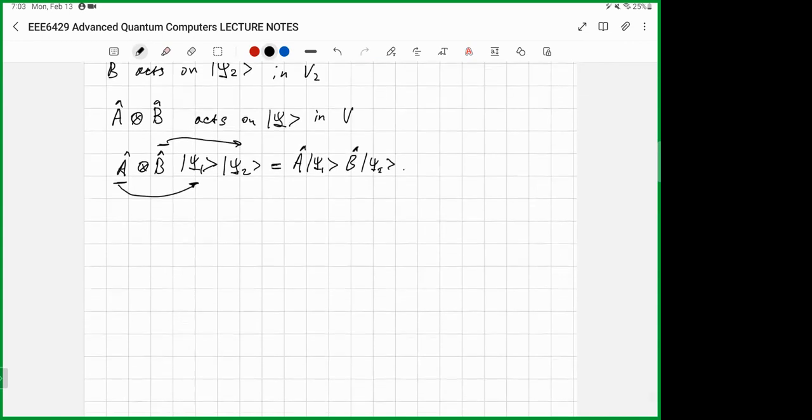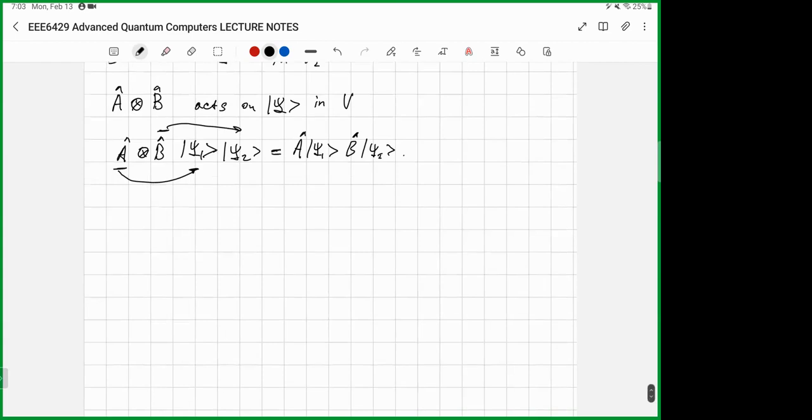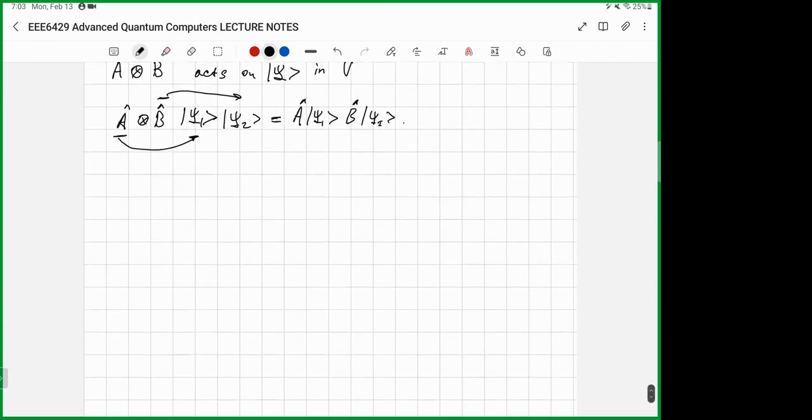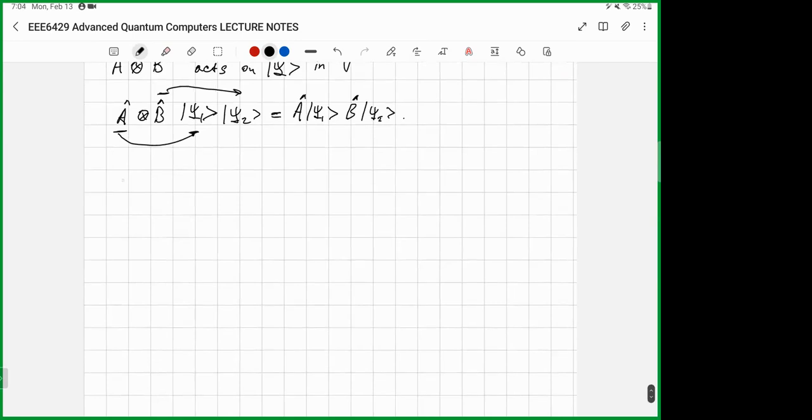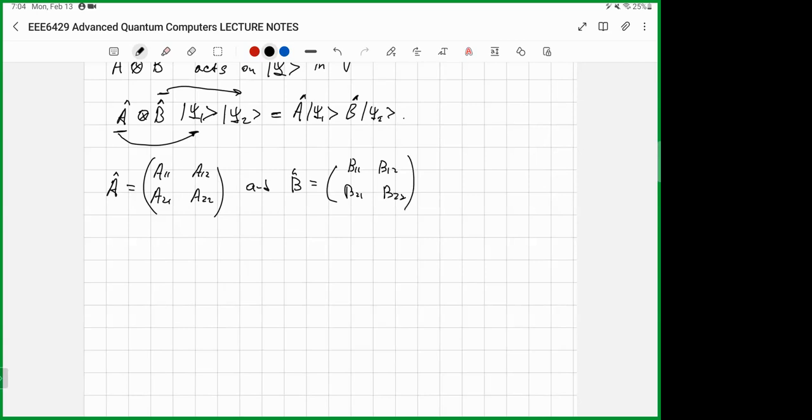Okay, so let's consider matrix representation, and it will be clear what I'm talking about here. Let's consider two operators, A with elements A11, A12, A21, A22, and operator B with components B11, B12, B21, B22. All right.